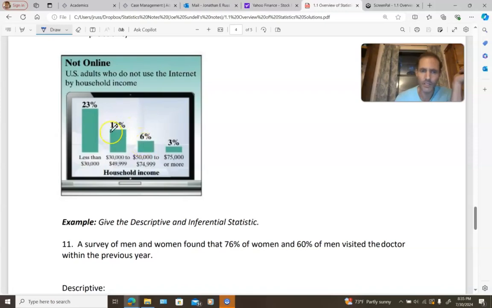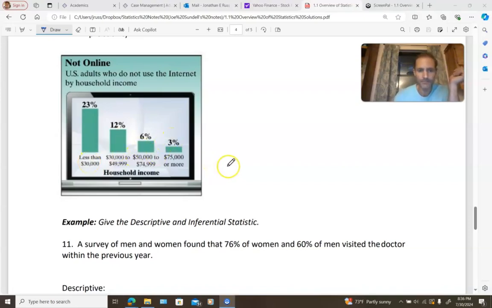And then you can see this is painting a picture, and the story that this is trying to tell is that as household income goes up, the percentage of households that are not online is decreasing. So that means that as household income goes up, those people are using the internet more. Okay. So lower earning households, they're more prone to not use the internet at all.